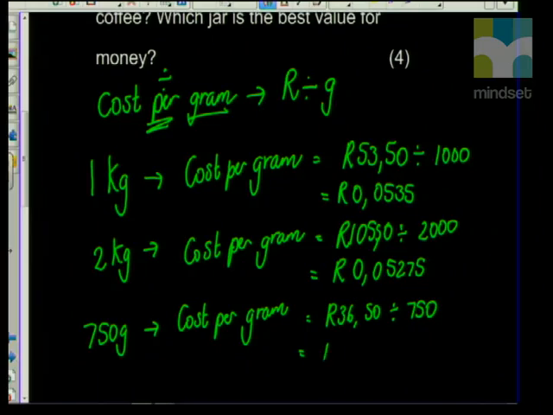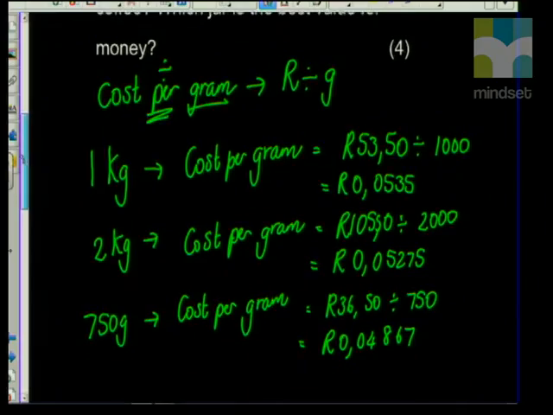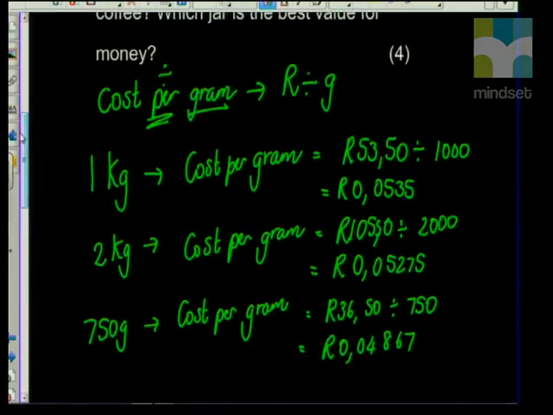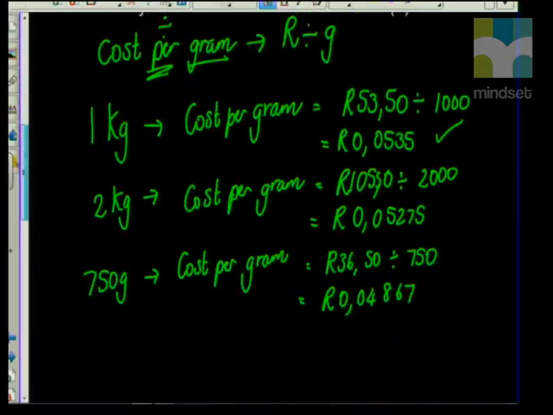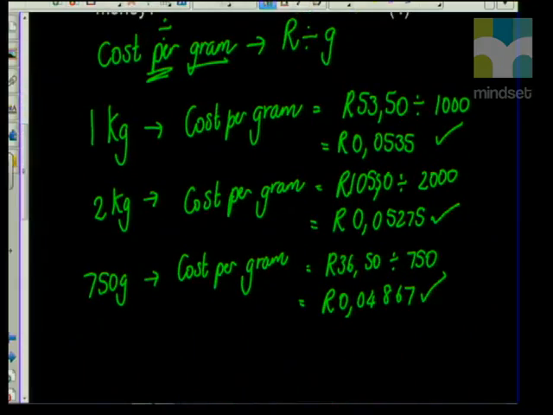And this gives me an answer of 0,04867. Right, now is this the end of my answer? I've now calculated the cost per gram of each jar. So I've done this part, and that would probably give me my 3 marks out of the 4 marks.